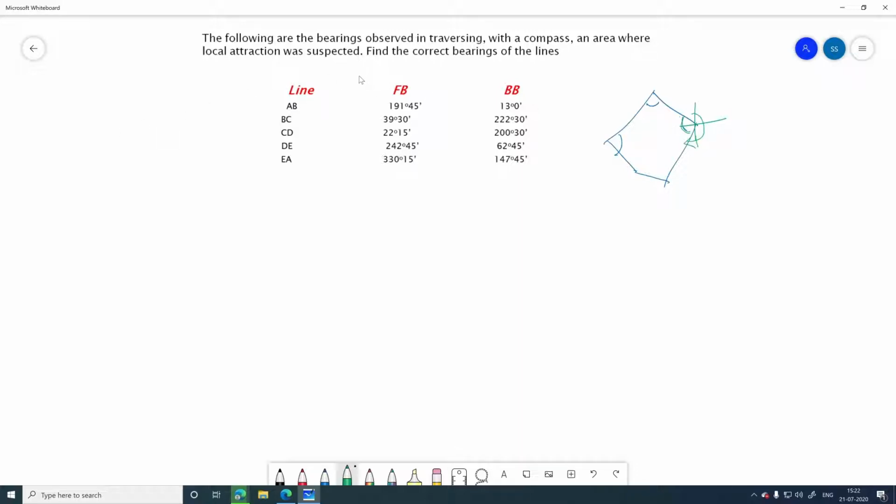If you need to correct the bearings, that can be solved by two methods. One is by calculating the interior angles, and the second one is by directly applying the correction.